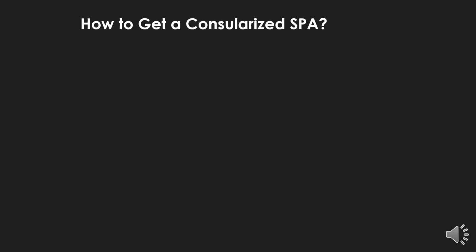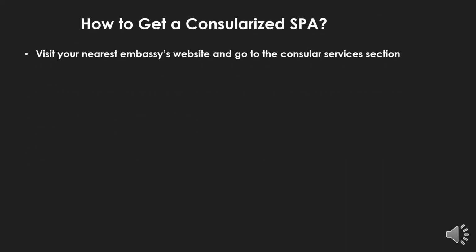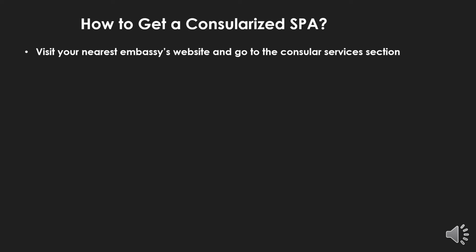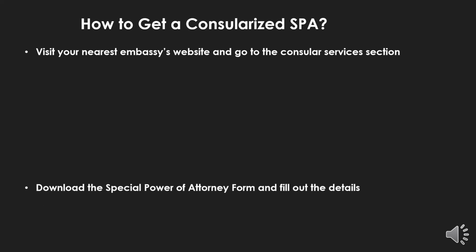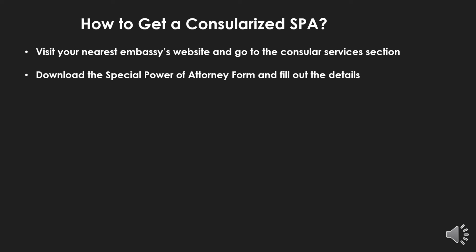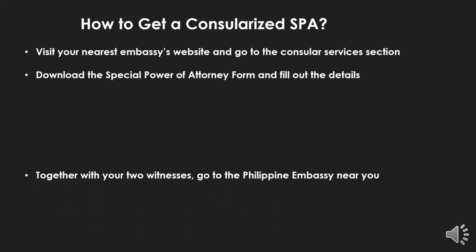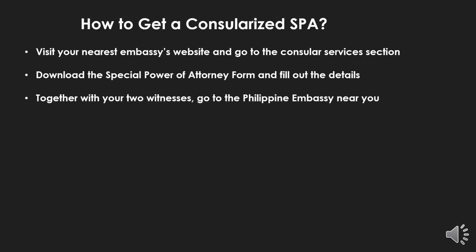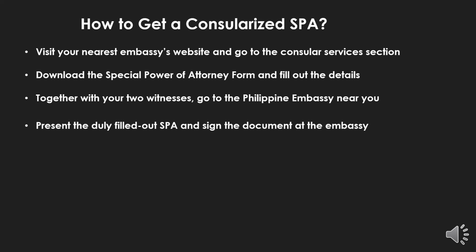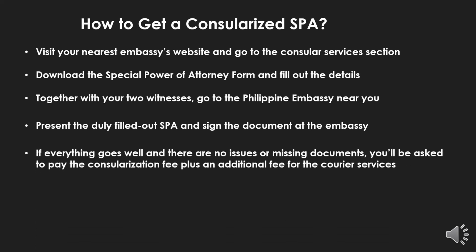Next, how to get a consularized SPA. First, you need to visit the nearest embassy's website, go to the Consular Services section, download the Special Power of Authority form and fill out the details. Together with your two witnesses, you then need to go to the Philippine Embassy near you. Then present the duly filled out SPA and sign the document at the embassy.